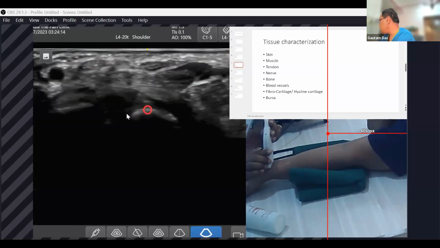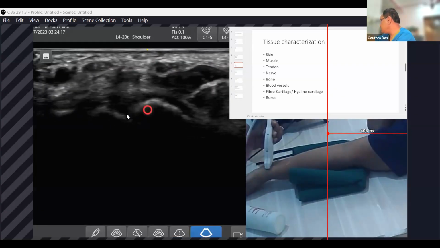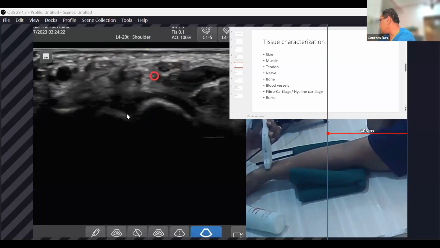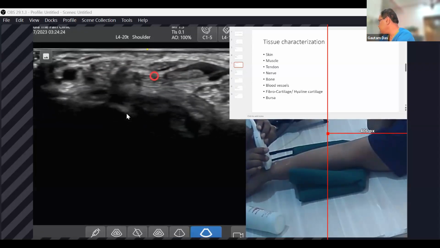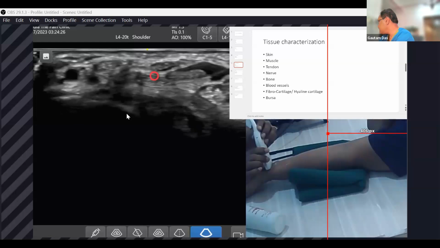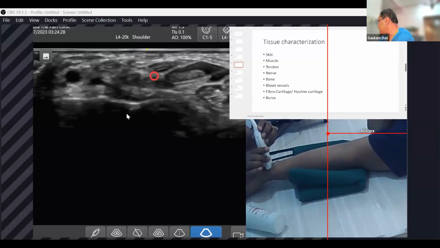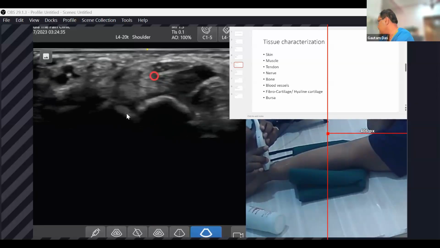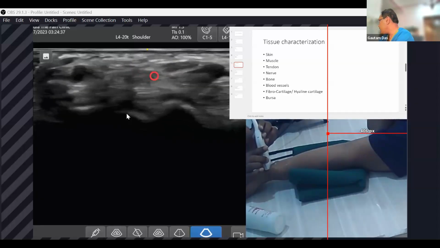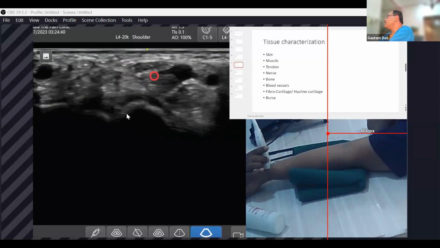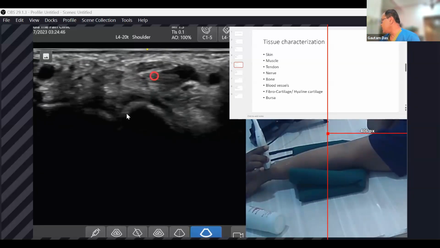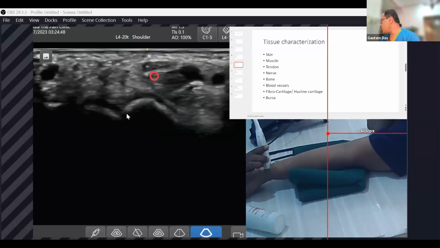If I'm toggling it, this is becoming hyperechoic, but here the contrast always remains the same. The honeycomb appearance means contrast between the hypo and hyper. For the tendon, it is becoming anechoic, hypoechoic, but in the nerve there is change, but not that much. So here, within the more hypoechoic nerve there will be hyperechoic honeycomb-like appearance, and that will not change much with the toggling.